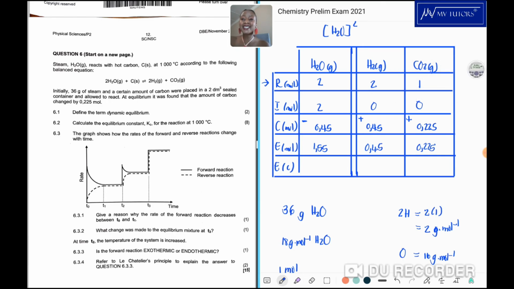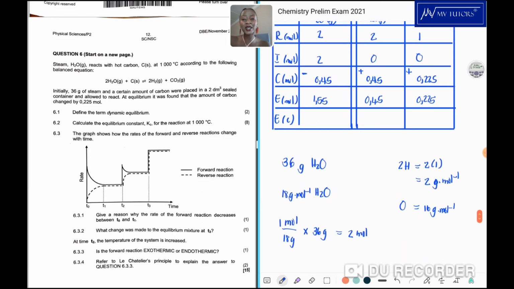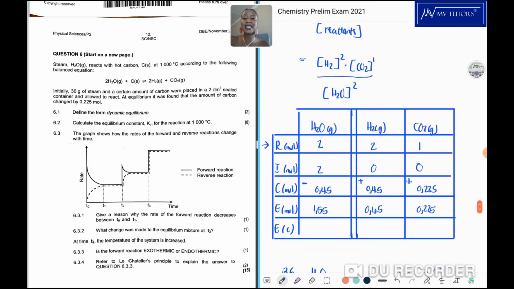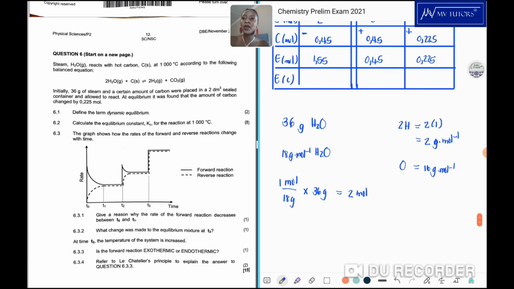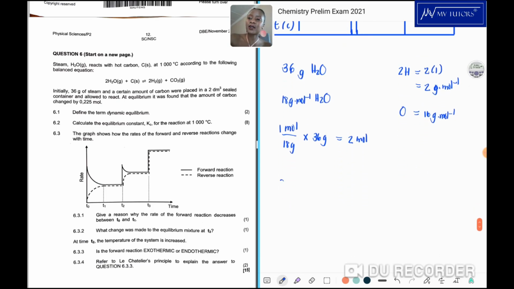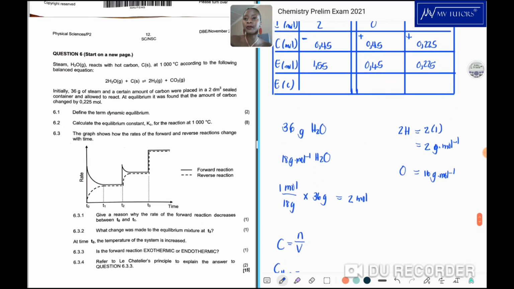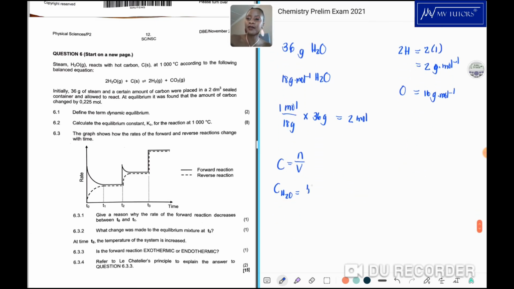Now we need to get the concentration because we need that to calculate our equilibrium constant. Remember, concentration is number of moles over volume. So for the concentration of steam, the number of moles I have at equilibrium is 1.55 mole.